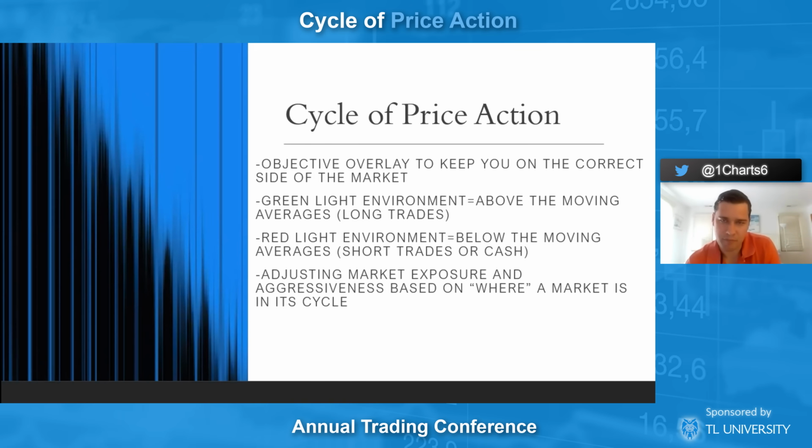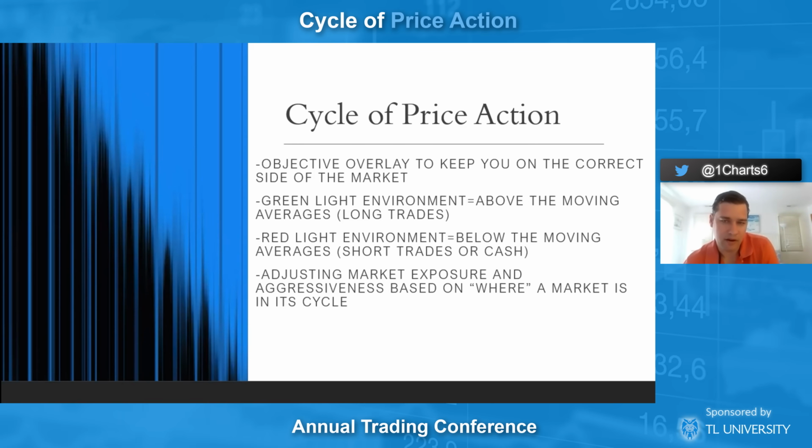So at the top here, I've just got cycle of price action. It's an objective overlay on my charts via the 10 and 20 period moving average to keep me on the correct side of the market. In what I call a green light environment, price is above the moving average, or maybe it's coiling below the moving averages and getting ready to break above. I really only take long trades.